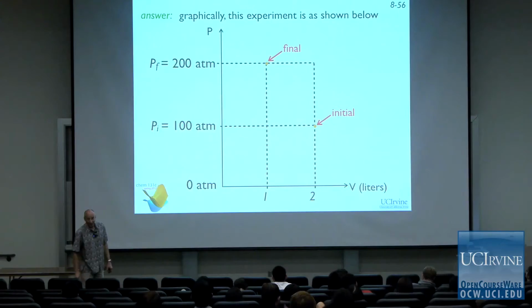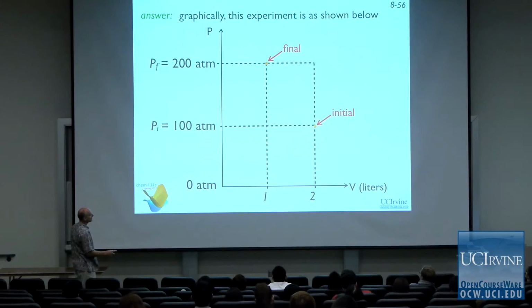Let's look at this graphically. Here's the initial state of this system. We've got a 2-liter container at 100 ATM. Now we're going to compress to this final state here, 200 ATM and 1 liter. That's what we're doing in this problem.